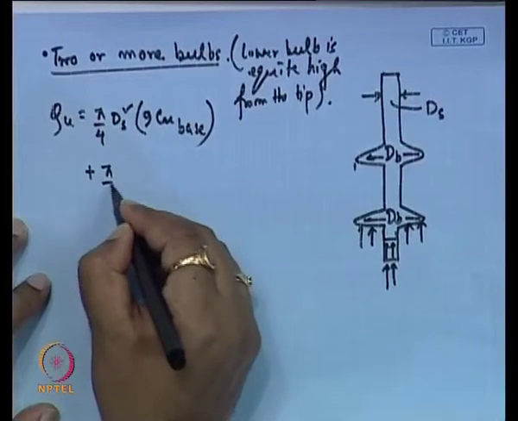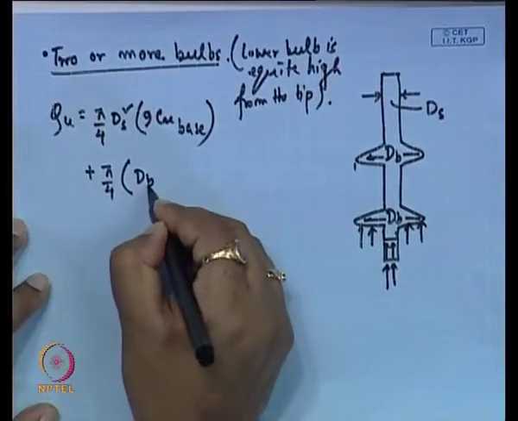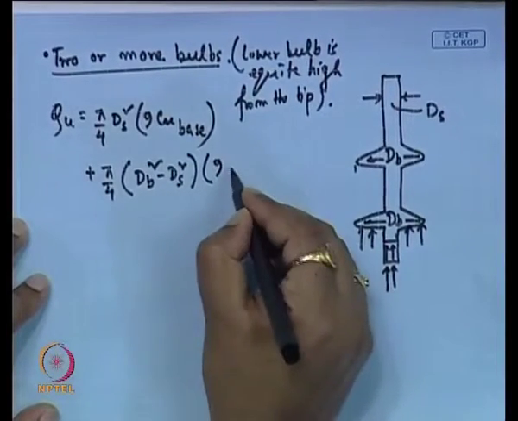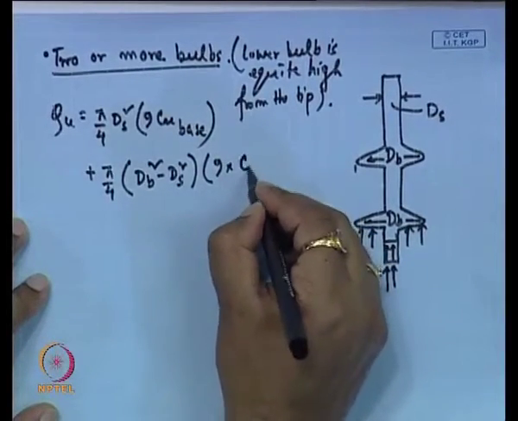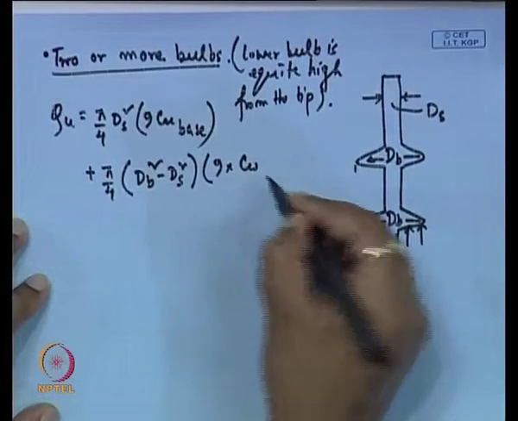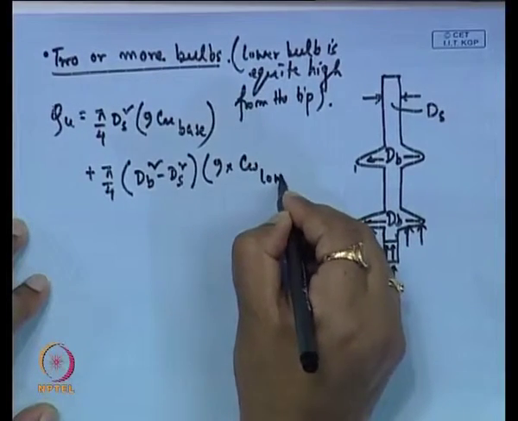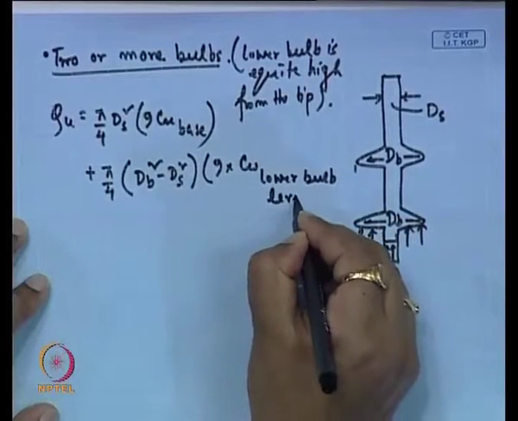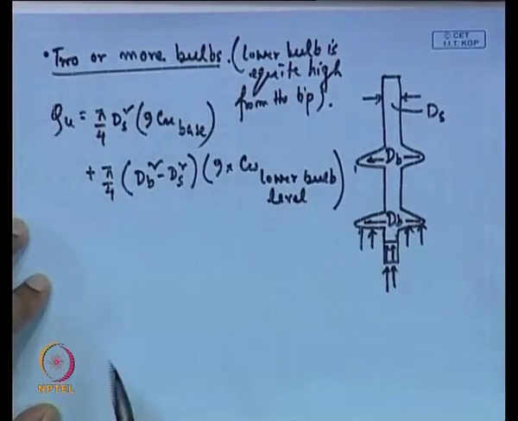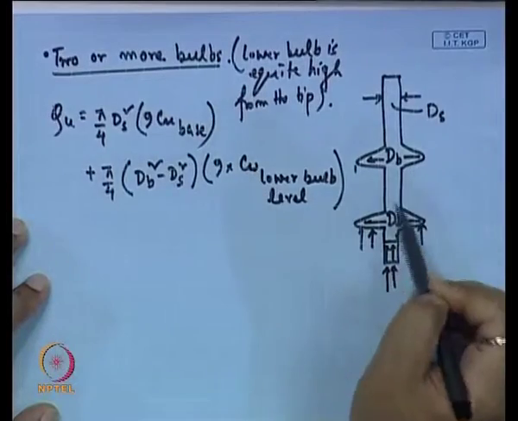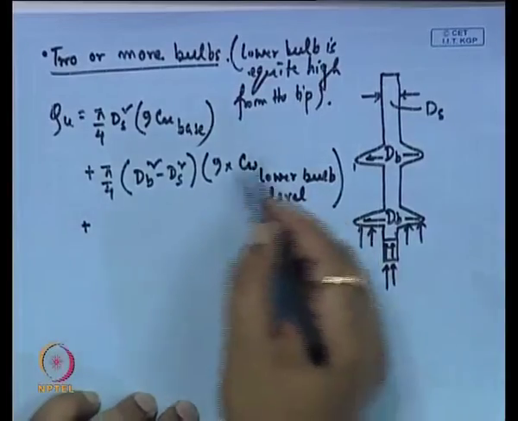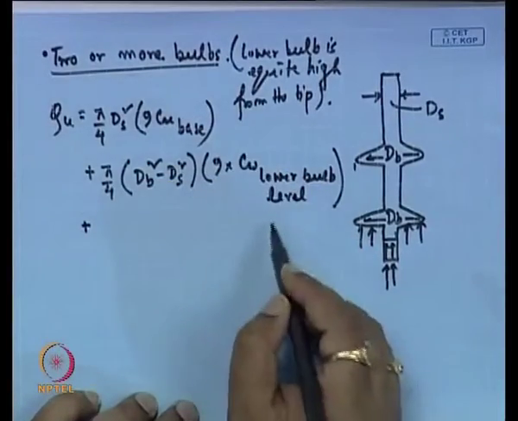So, that is pi by 4 into dB square minus ds square into 9 into Cu at lower bulb level. So, this is the base level or the tip level. This Cu is at the lower bulb level. Then you will get the resistance. So, this is for the tip resistance or the base resistance.